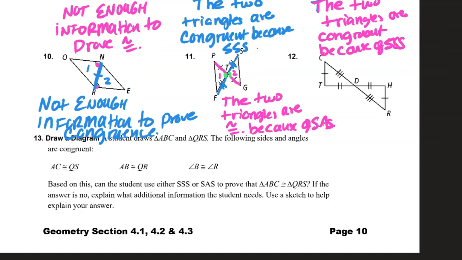Number 12, we have triangle 1 and we have triangle 2. And it's very evident that this side is congruent to this side. And we also know that this segment, which has three markings, is congruent to this segment, which has three markings. And we have this side that has two markings, is congruent to this side that has two markings.